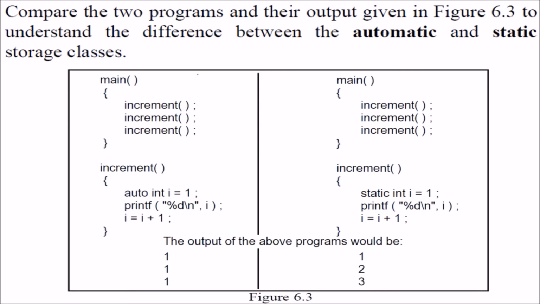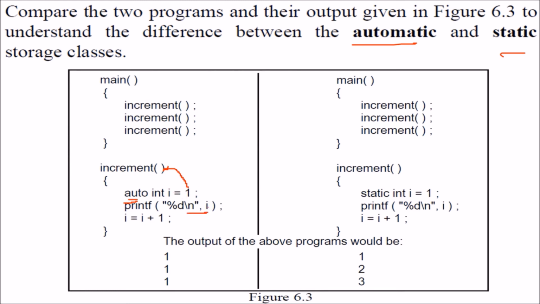So let us see the same program with automatic storage. What I said about automatic is that it is automatic, but we don't write automatic here, we only write auto. So this is automatic and static. We have a function increment. Now this i is declared and defined inside this increment function.